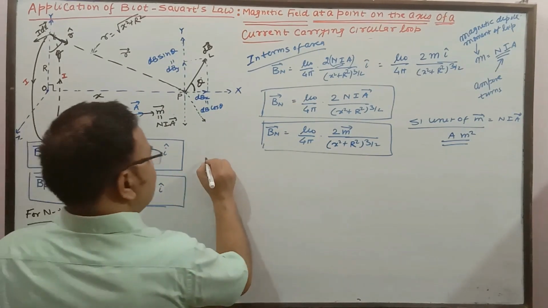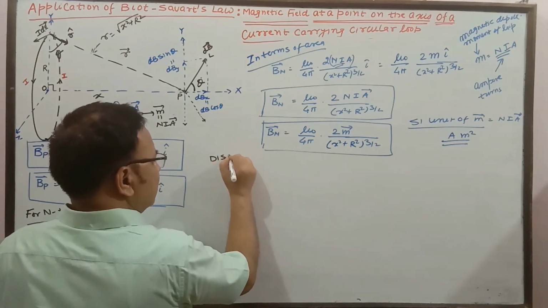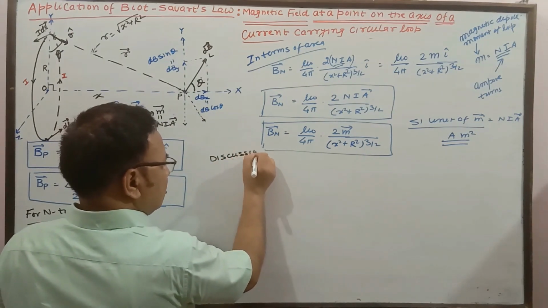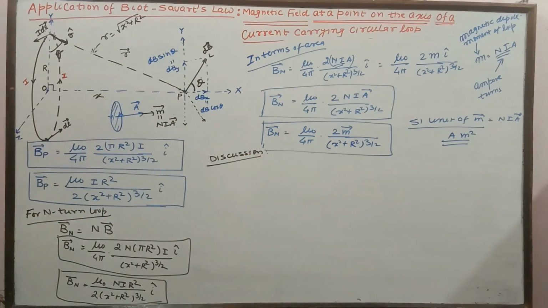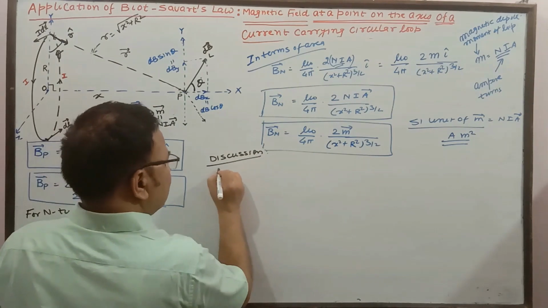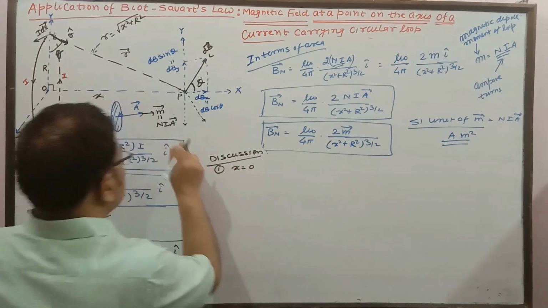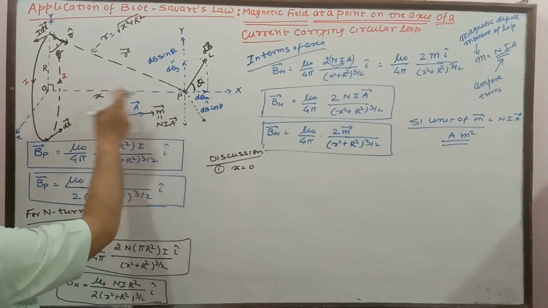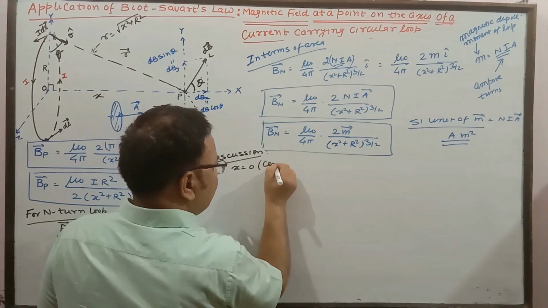Now we are going to discuss some special cases. So discussion. In the discussion, the very first point is when x is equal to 0. If we are reducing x to 0, then this point P reaches O. It simply means the center of the coil.